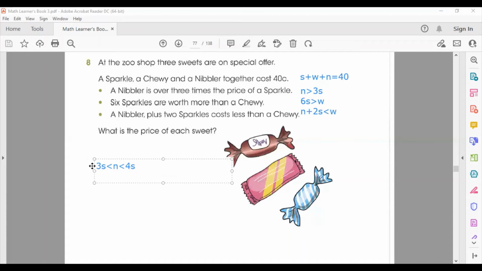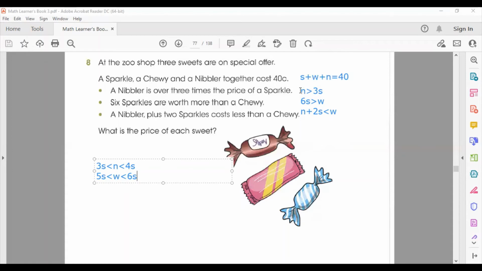After this, for the second, we are assuming, as we have the information, 5 sparklers is less than chewy, but chewy is less than 6 sparklers. So this information we get from here.